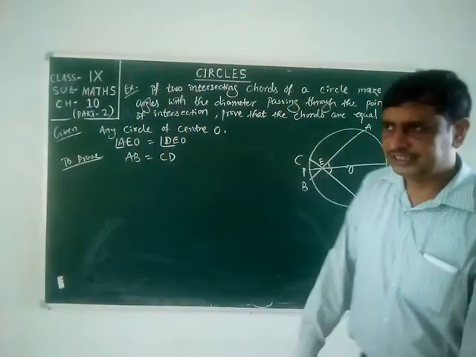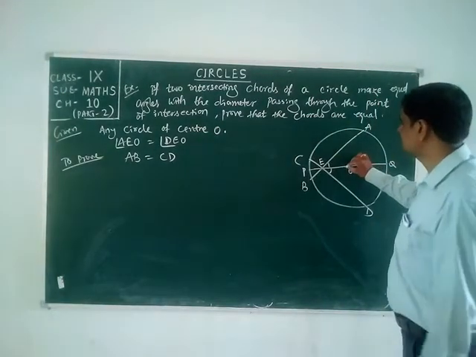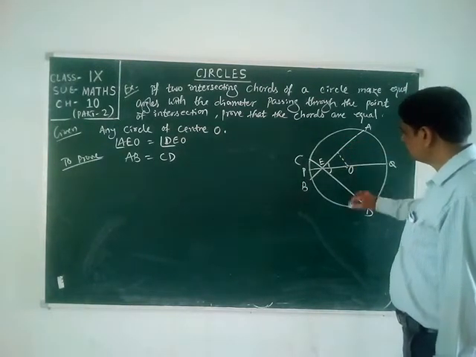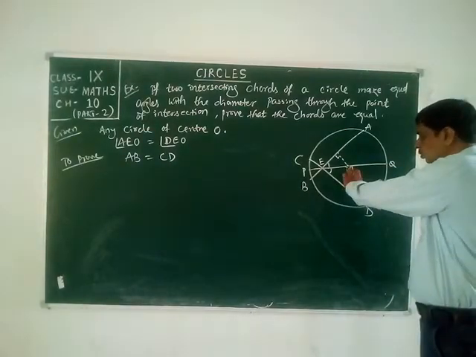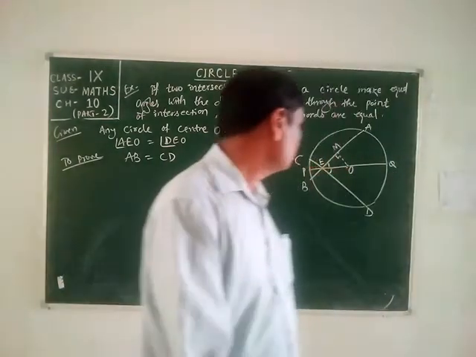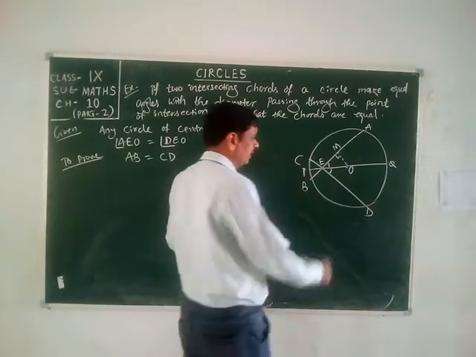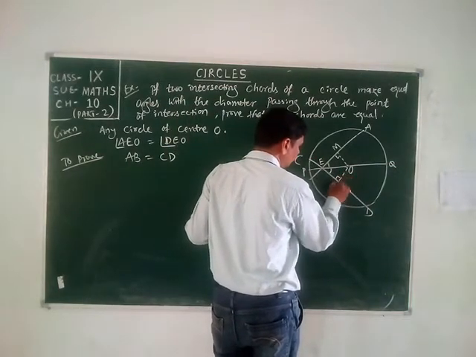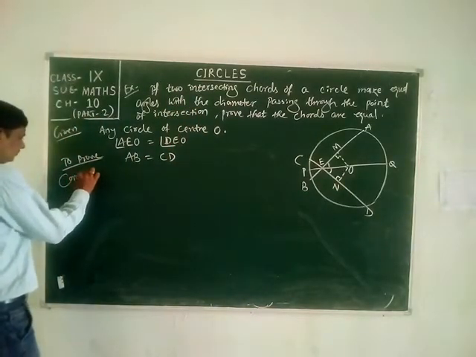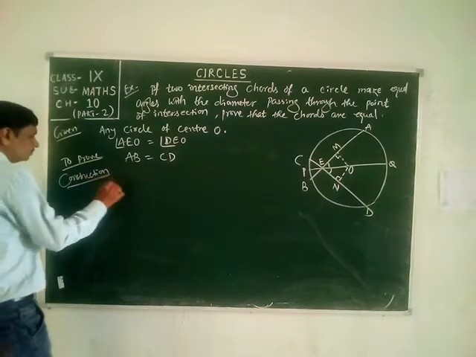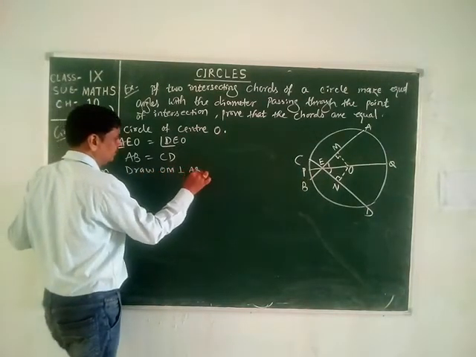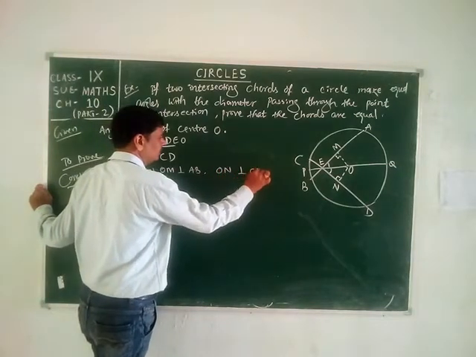Here, construction is needed. Draw a perpendicular from the center O to the chord AB, which meets at M. OM is perpendicular on AB and ON is perpendicular on CD.